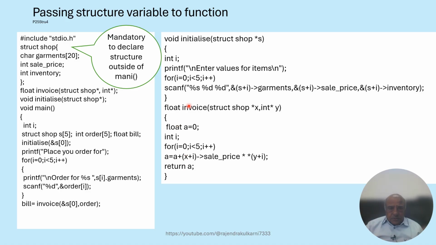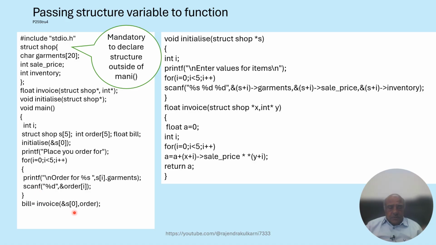This invoice function simply calculates the total ordered value for the ordered items. a plus x plus i, what does it give us? x is a pointer to S, which is an array of type struct shop, which we have declared in our main.